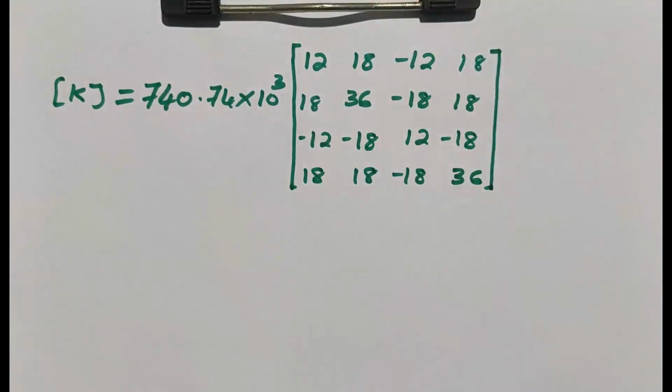This is the elemental stiffness matrix, which is equal to the global stiffness matrix, because here we have only one element in FE model. Next is the nodal displacement vector.